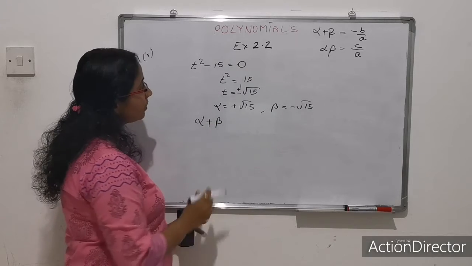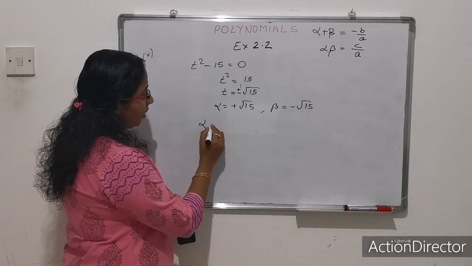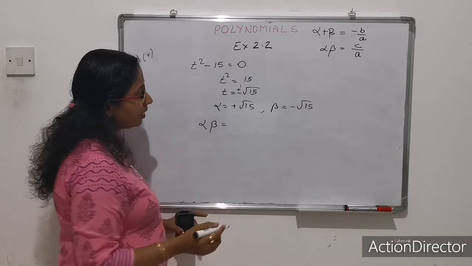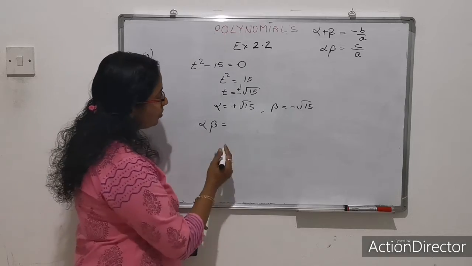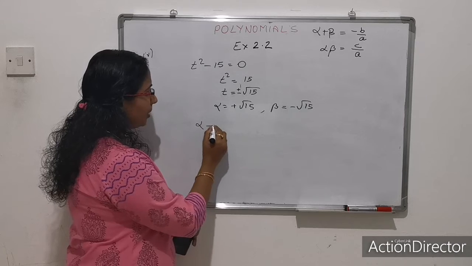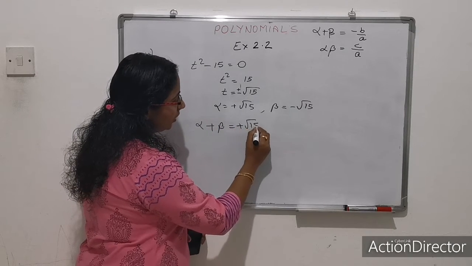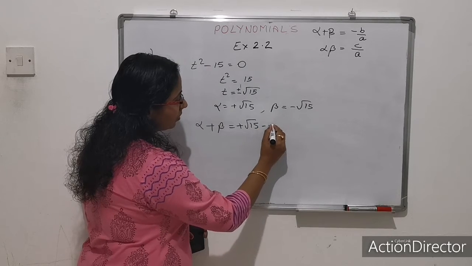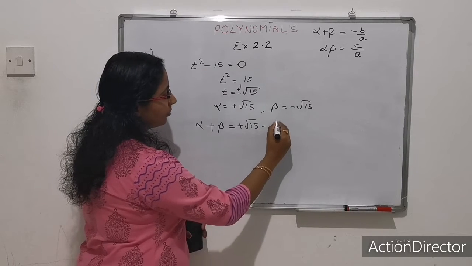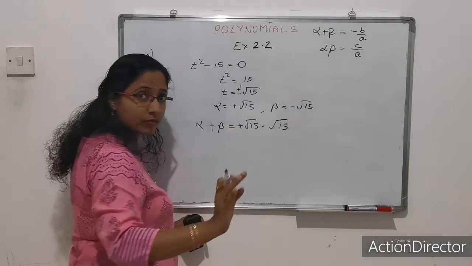Alpha plus beta, first we will find alpha beta, easier way. Okay, alpha plus beta is equal to plus root 15 minus root 15. I am putting the values.